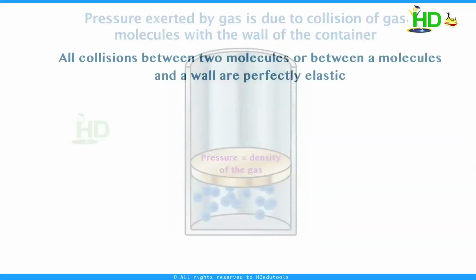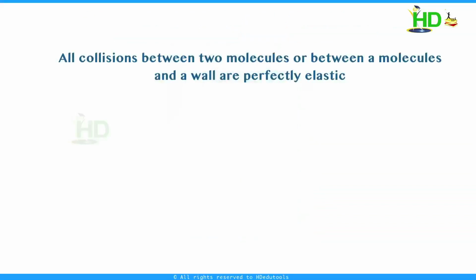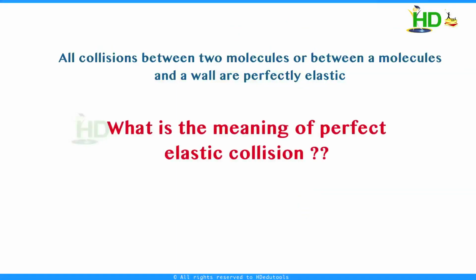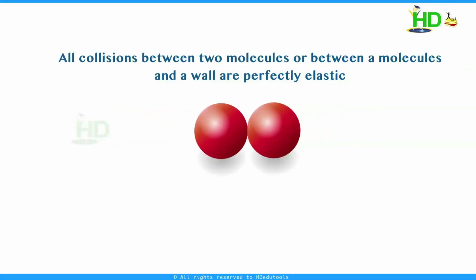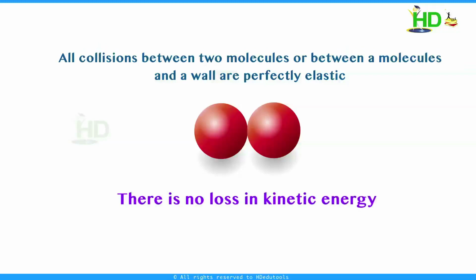All collisions between two molecules or between a molecule and a wall are perfectly elastic. What is the meaning of perfect elastic collision? Perfectly elastic collision is a collision in which the momentum is conserved and the kinetic energy is conserved. That means during a perfectly elastic collision, there is no loss in kinetic energy.